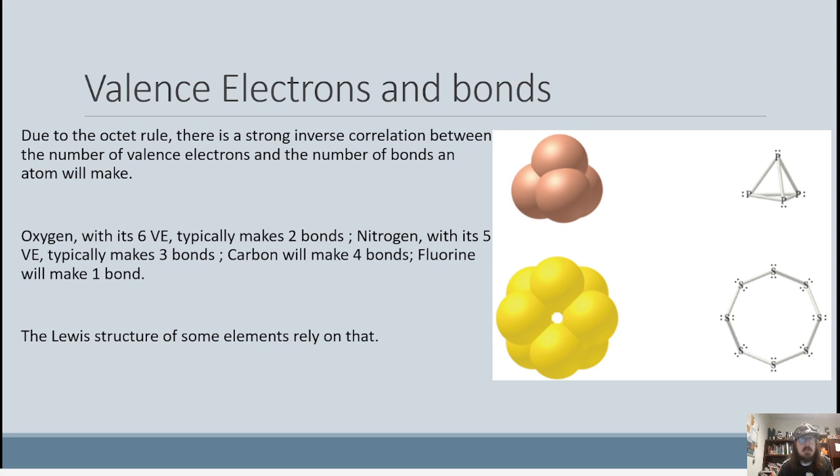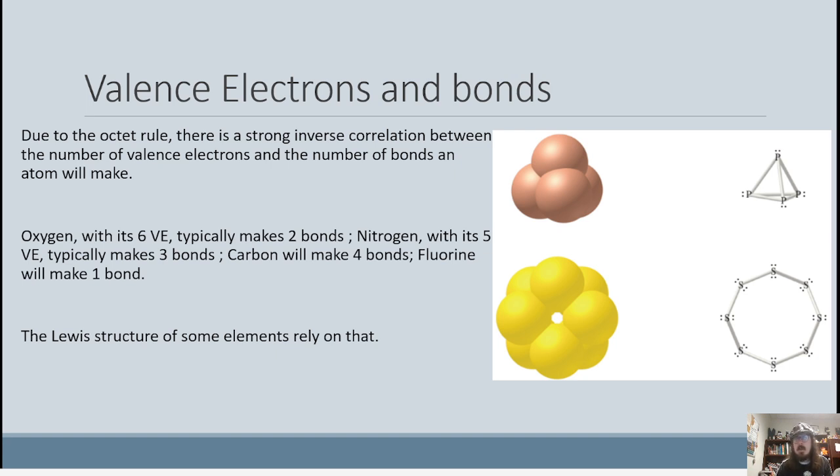It only needs 2 more, so it only makes 2 bonds. Nitrogen has 5 valence electrons. It needs 3 more. It likes to make 3 bonds. Carbon only has 4, so it will typically make 4 bonds. And fluorine has 7, so it only makes 1 bond.